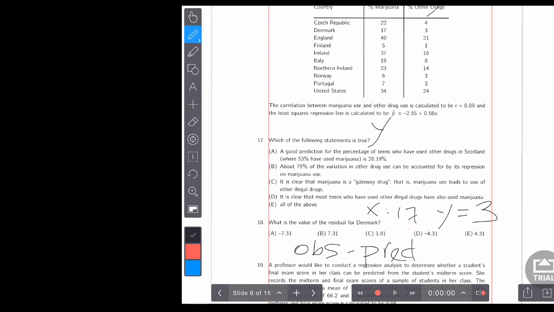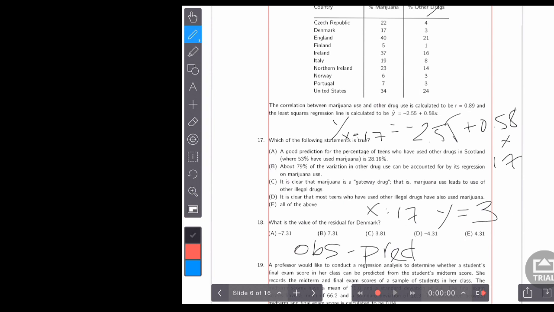Y predicted when x is 17, and you put it in here. Y, where x is 17, is equal to negative 2.55 plus 0.58 times 17.